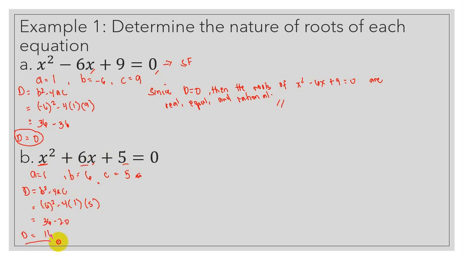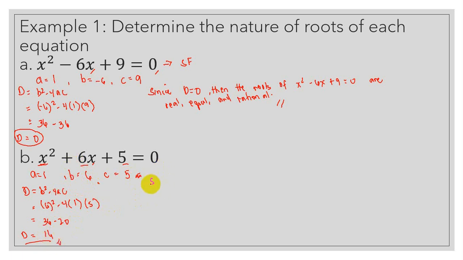So if the discriminant is 16, okay, so it falls under the first category, which is, the discriminant is positive. Then take note that 16 is a perfect square, right? So 16 is a perfect square.